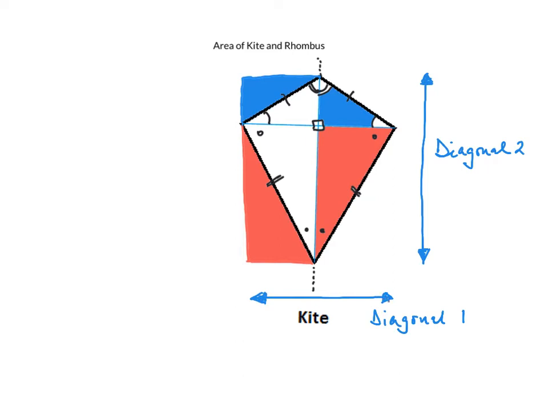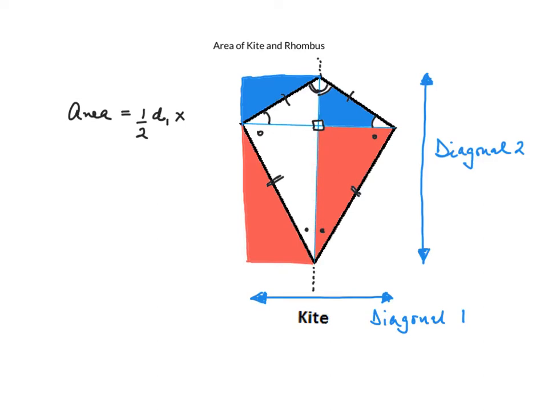The area of the rectangle is this distance here. Let's call that the length or the breadth. And that's a half of diagonal 1. So it's this distance here multiplied by this distance here.